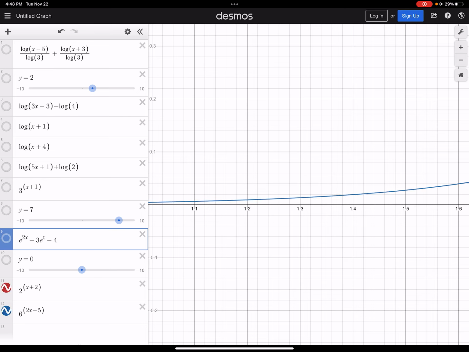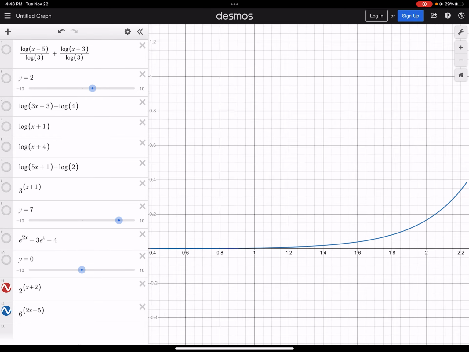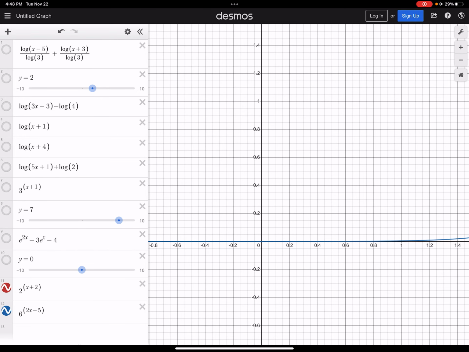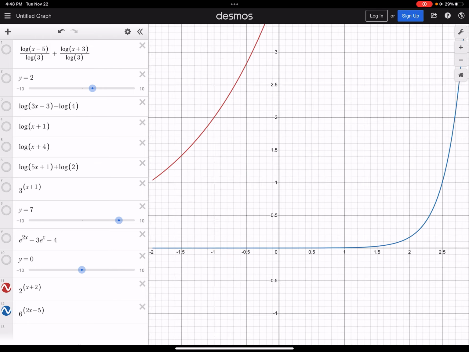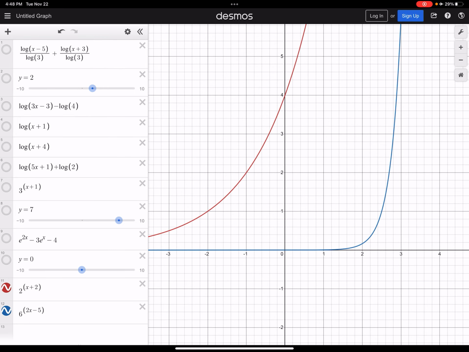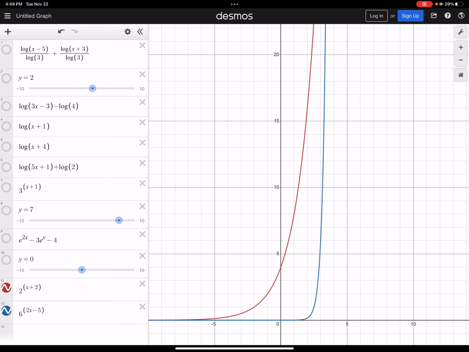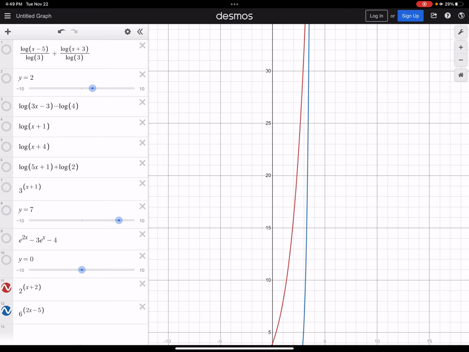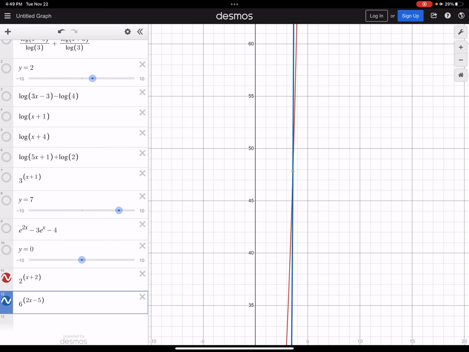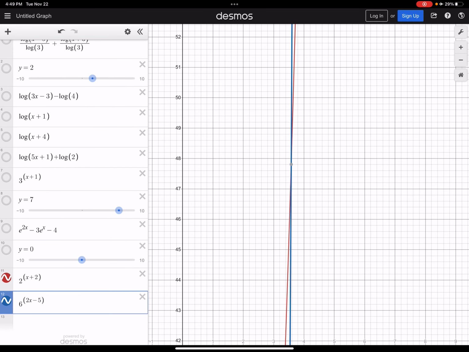And for our final one, when we had those two functions with the two different bases, and we have to zoom way out, we can find that they intersect way up here, and we were finding that algebraically we found 3.5792, and here we go, 3.579.